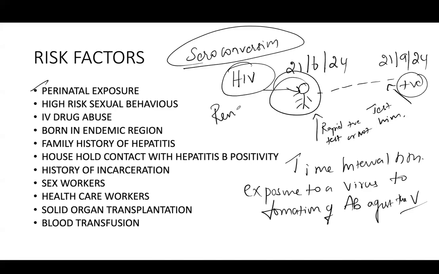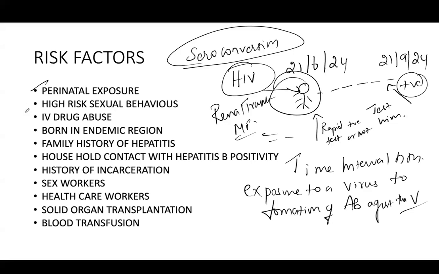Maybe he is a renal transplant recipient. He has a renal transplant and he is on mycophenolate mofetil and so many other drugs. He won't be forming the antibodies after 3 months. It may take a long time for his body to generate antibodies because of his suppressed immune system. So there can be delay in seroconversion in such individuals. All right, this is called a seroconversion.